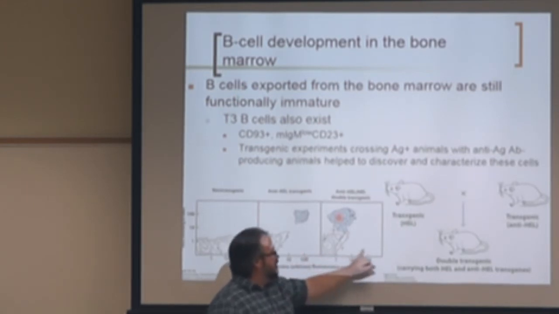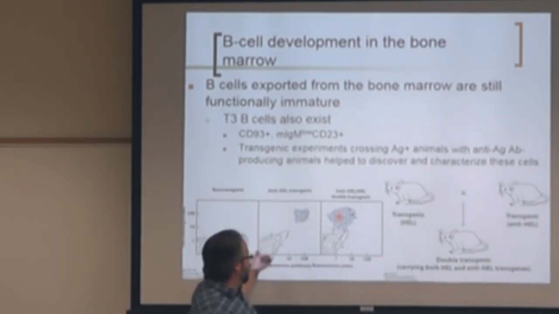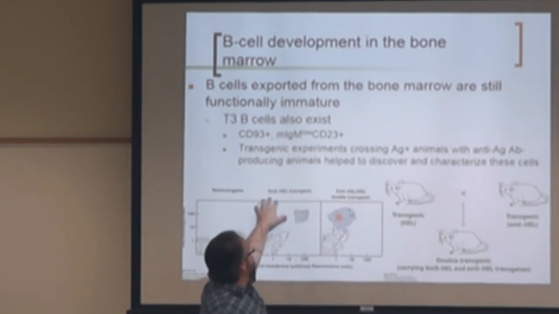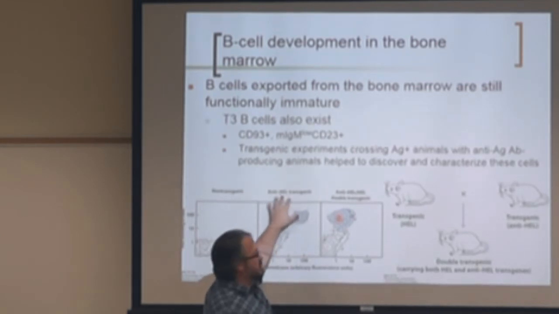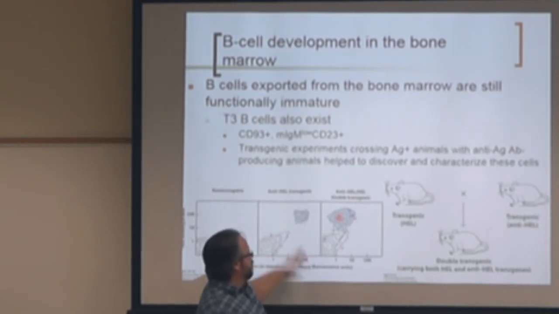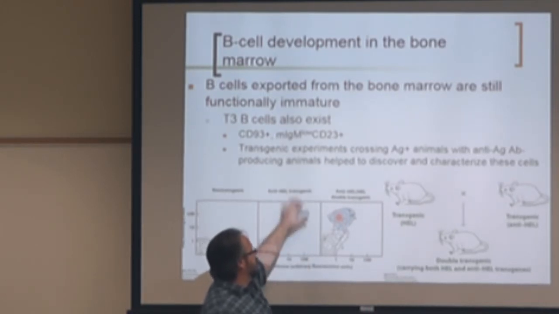But then they don't have IgM, so we use another antibody that binds to IgM. If it's an animal that doesn't make the protein, doesn't make the antigen, they get lots of these mature cells, or we don't know if they're mature, but they do have IgM, and they're also specific for the antigen.